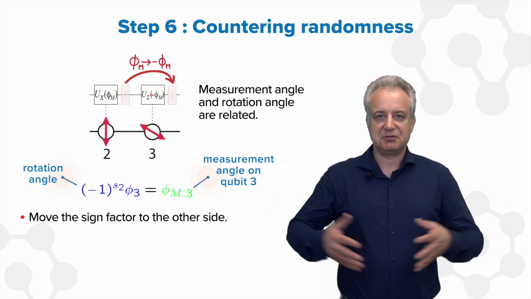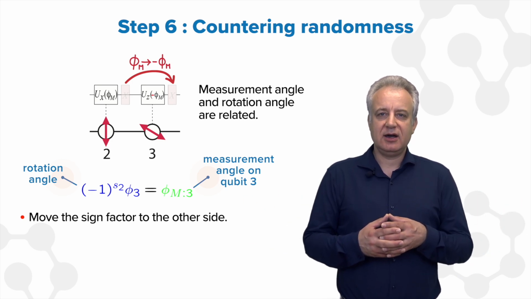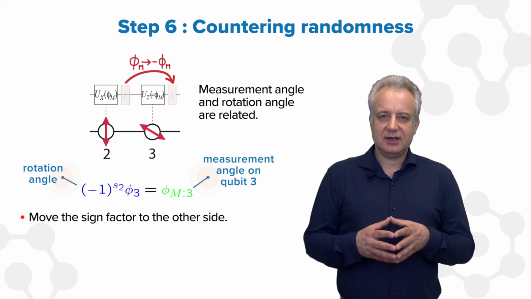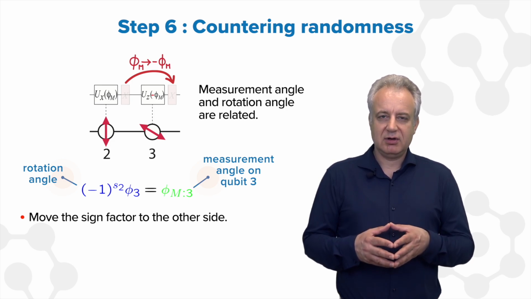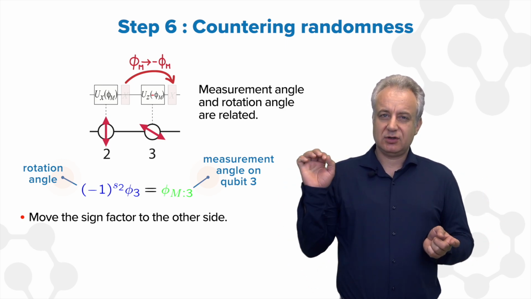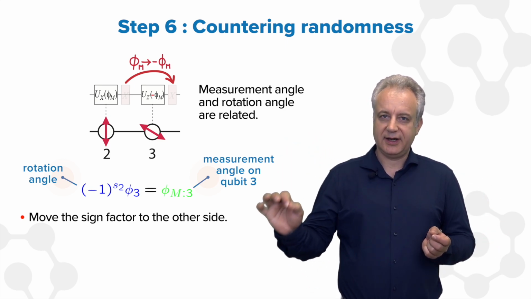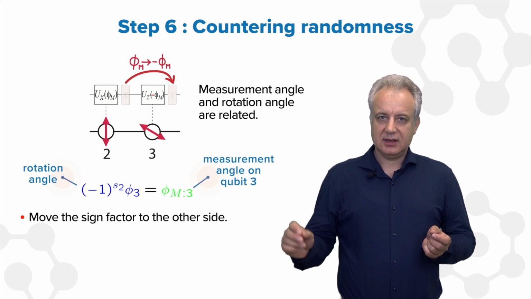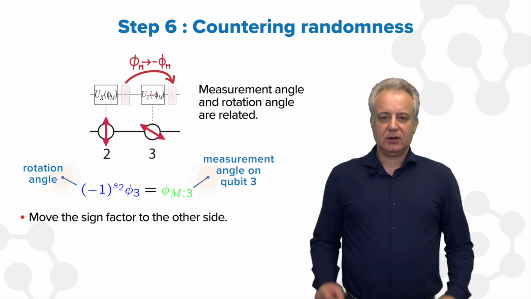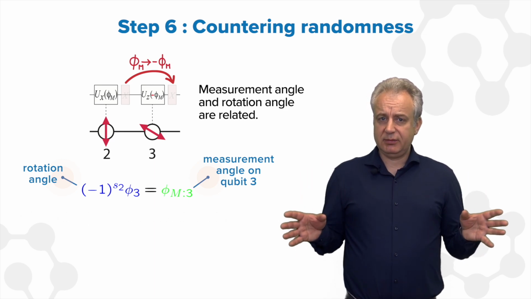This is an equivalence transformation. And now we can read the same equation as follows: the measurement angle on site number 3 is determined by the rotation angle that I want and the outcome at site number 2. Okay, so this was pretty much the argument.